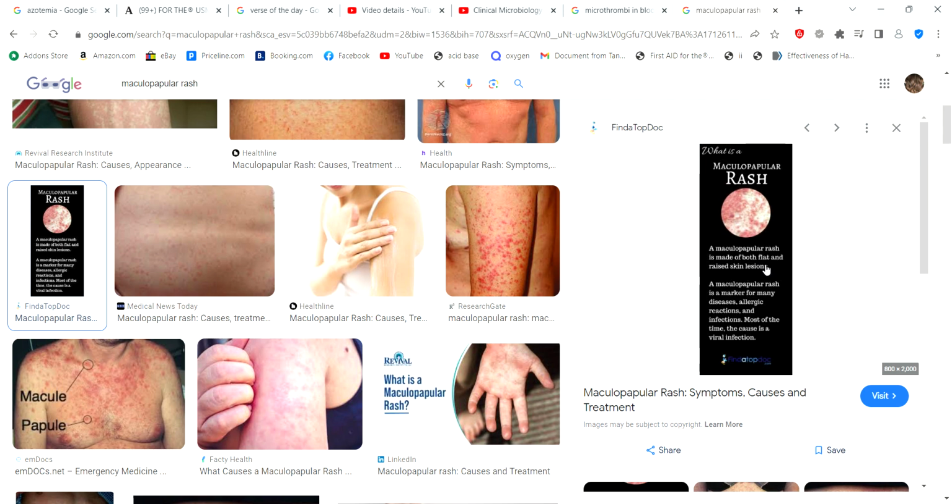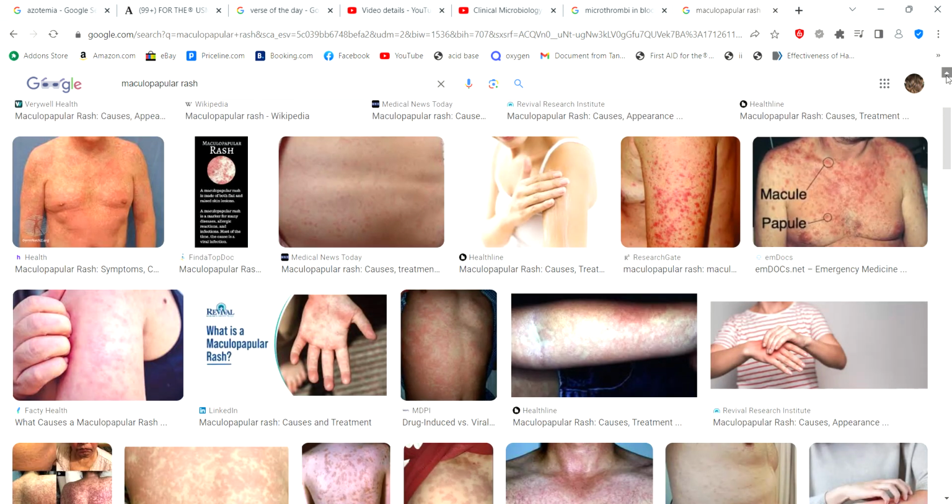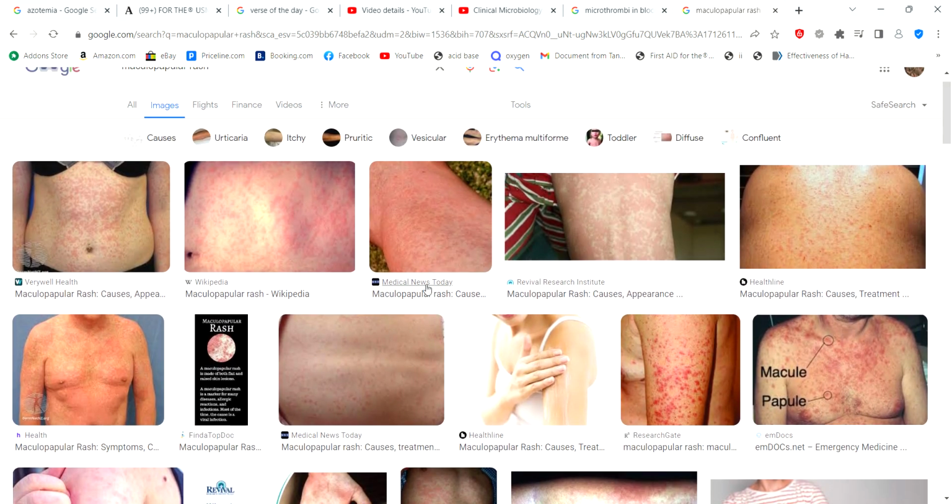Maculopapular rash is made of both flat and raised lesions. A maculopapular rash is a marker of many diseases, allergic reactions, and infections. Most of the time, it's caused by a viral infection. In this case, syphilis is a bacterial infection.